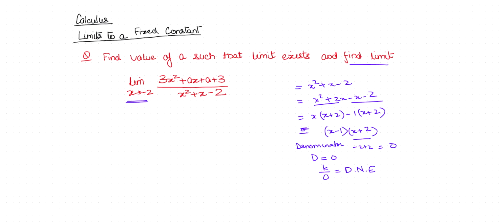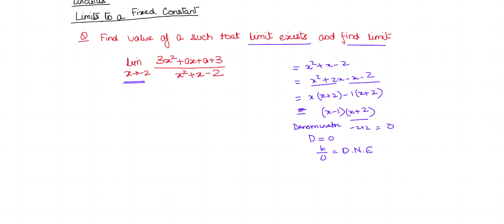But here we have to find the value of a such that the limit exists. If the limit exists, then we should have a factor x plus 2 in the numerator also. If the numerator and denominator both have the factor x plus 2, they will cancel and we will have some limit.